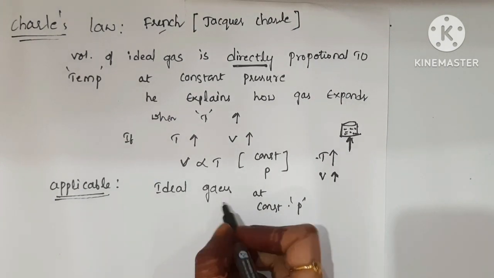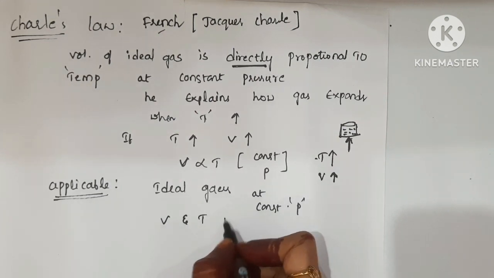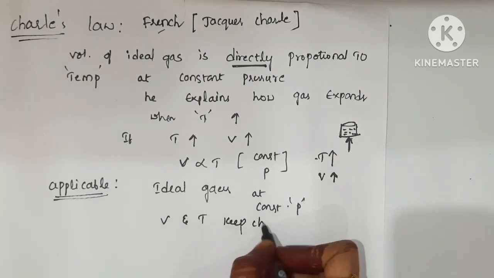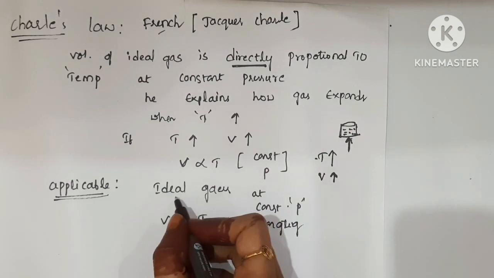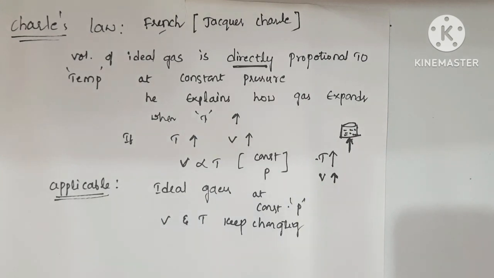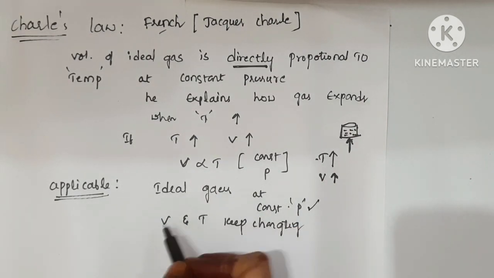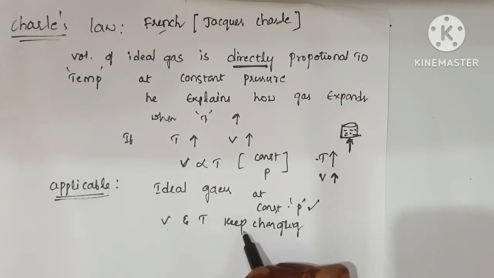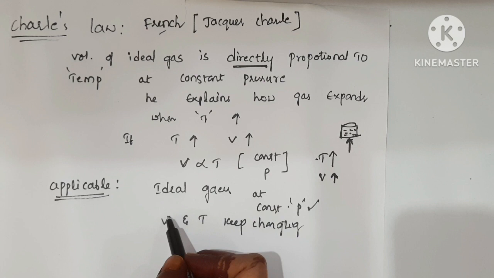But temperature and volume keep changing, right? This law is applicable to ideal gases at constant pressure, but volume and temperature always keep changing. So if we raise the temperature, then obviously the volume of the gas also rises.